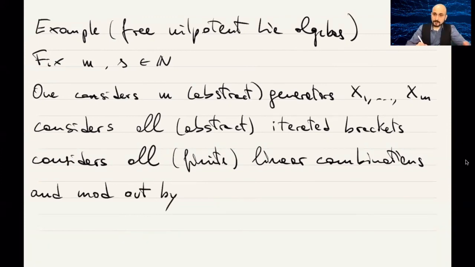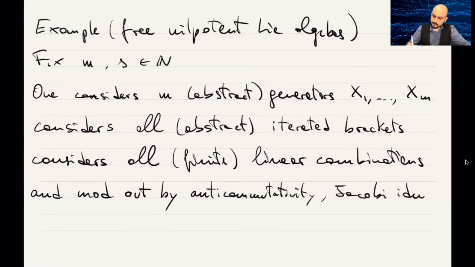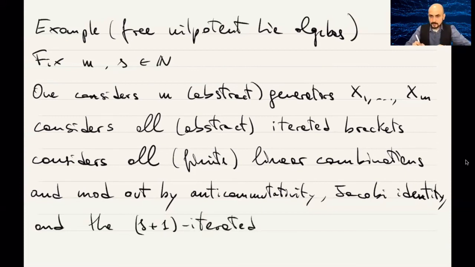So let's mod out by the anti-commutativity, the Jacobi identity, and the s plus 1 iterated brackets or commutators.